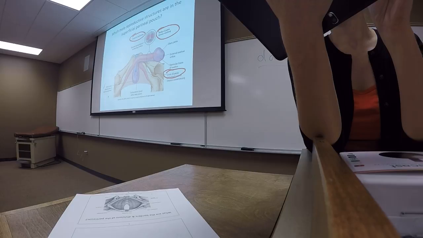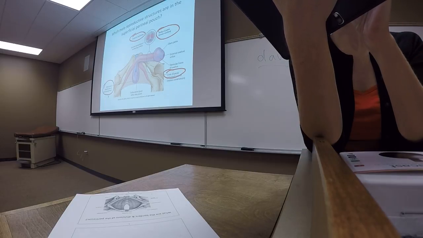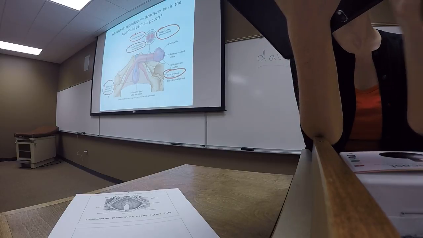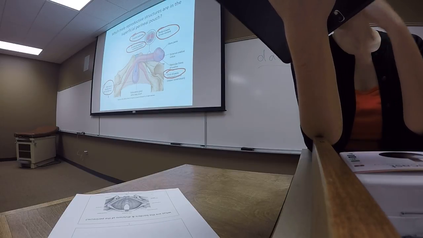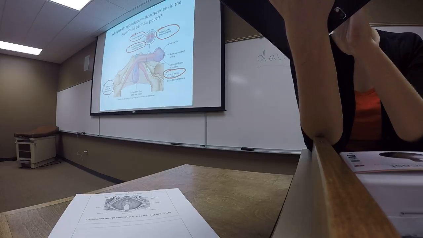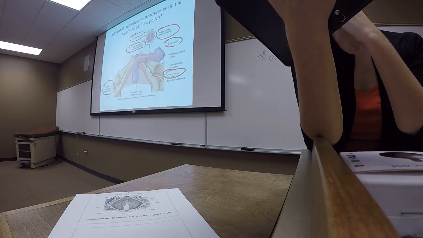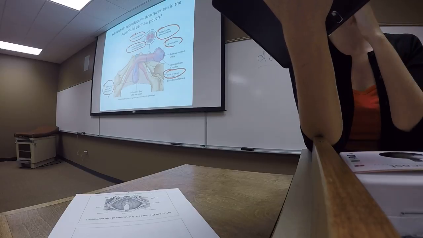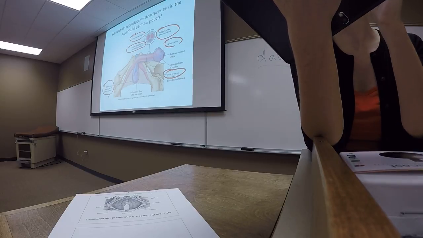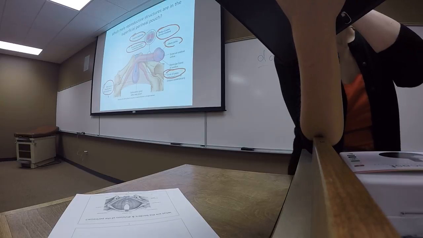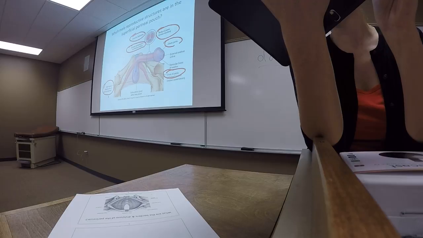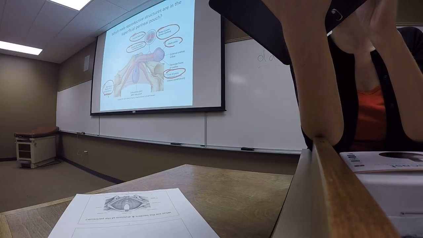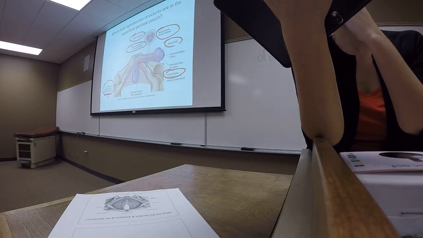And then with the bulb of the penis and the corpus spongiosum, all is that same type of tissue as well. In addition, the glans penis is kind of a cap over the corpora cavernosa. And the bulb of the penis is also attached to the perineal membrane, just as the bulb of the vestibule is in the female.